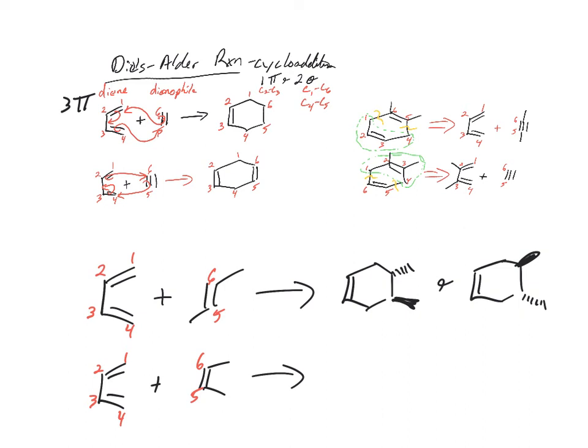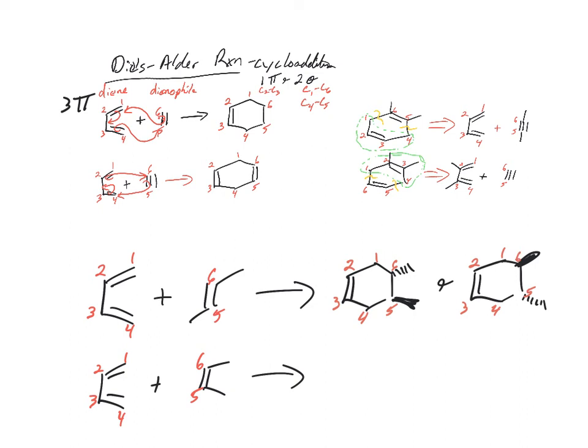So you make both of these products. Notice the methyls, one's up, one's down, because they're trans to each other. Now they're in a ring, in trans. Make sure I add my carbon numbers. 1, 2, 3, 4, 5, 6. 1, 2, 3, 4, 5, 6.